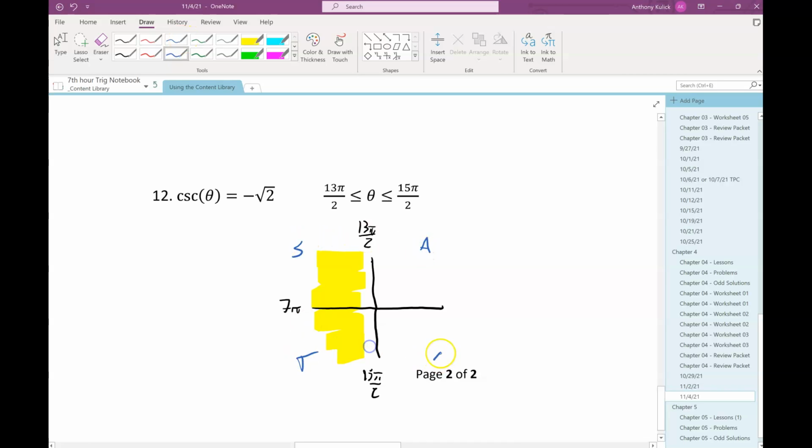All silly turtles crawl. I know cosecant is going to be negative or positive in the same places that sine is negative and positive because those are reciprocals. So in this case, that means quadrant 3. So 2 pi, 4 pi, 6 pi, and then on to my answer.